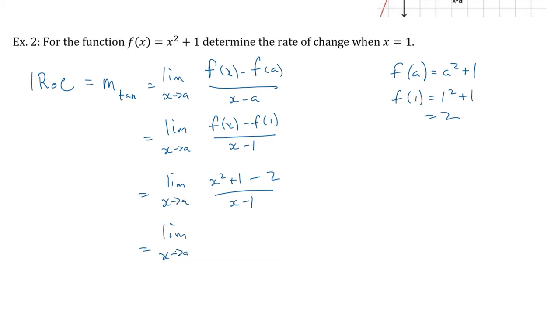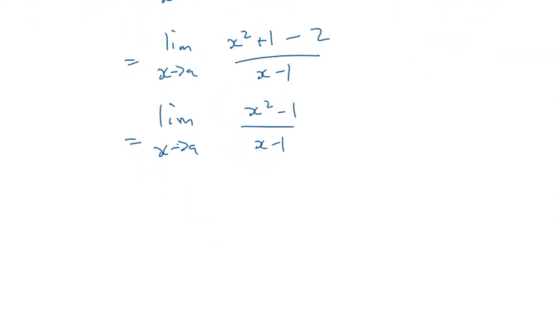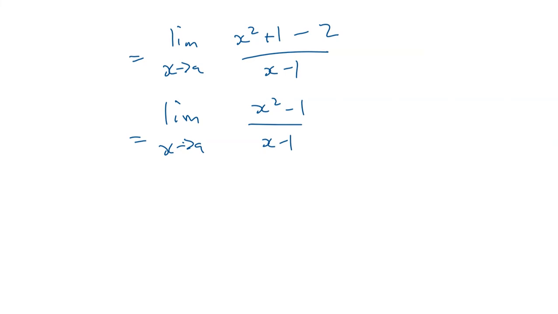As x approaches a, x squared plus 1 minus 2 is negative 1. Now what can I do? Come on, what's going on top there?